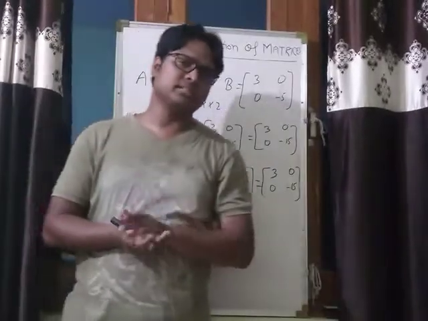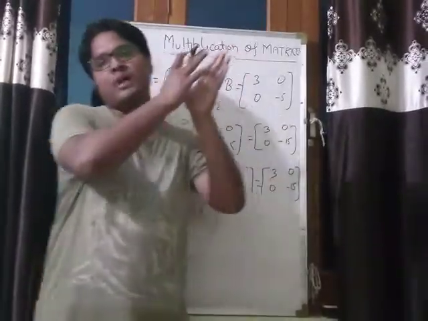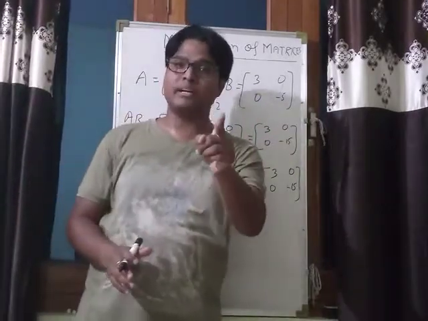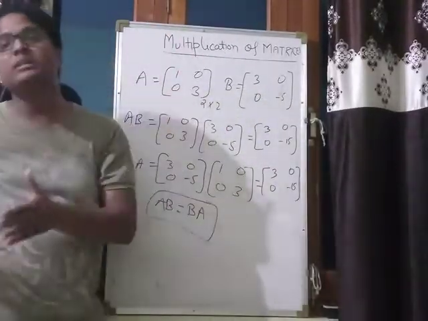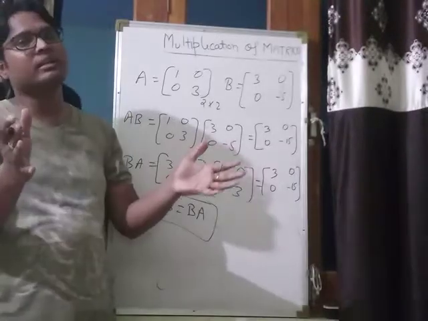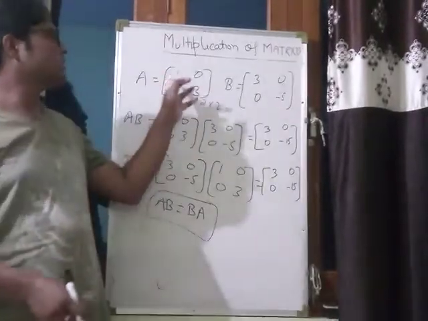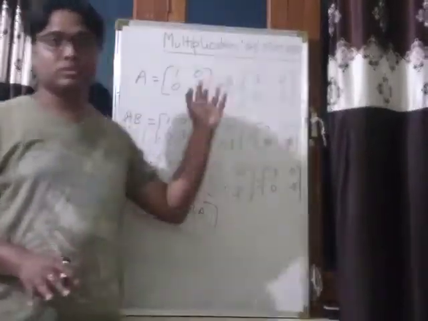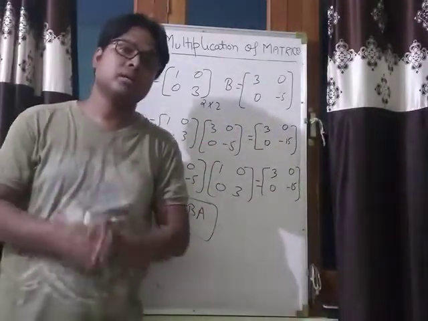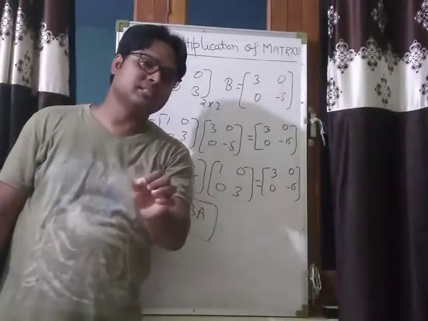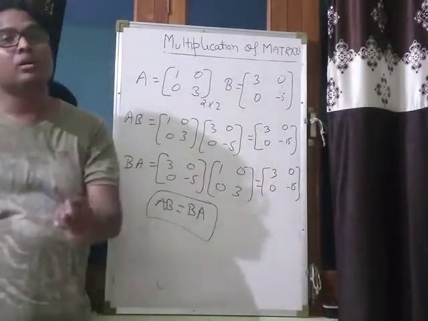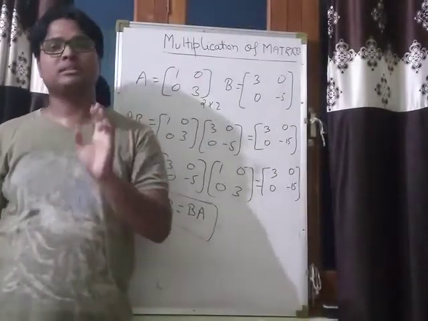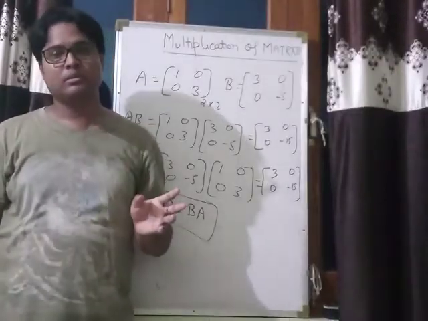What are diagonal matrices? A square matrix whose diagonal entries are non-zero and other entries are zero. You can see here, diagonal entries are non-zero and other entries are 0. They both are diagonal matrices. In the case of diagonal matrices, the commutative law holds for matrix multiplication. Got it everyone? Okay.